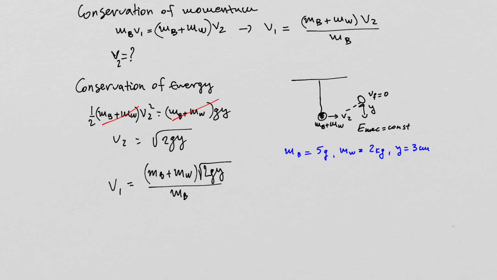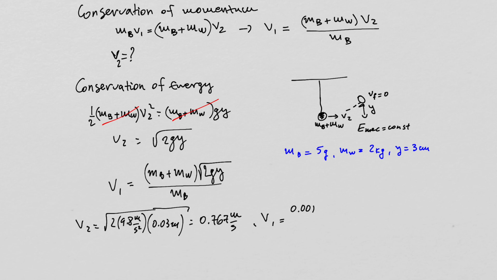And so substituting these values for v2, we get square root of 2 times 9.8 meters per second squared times 0.03 meters. That gives us 0.767 meters per second.